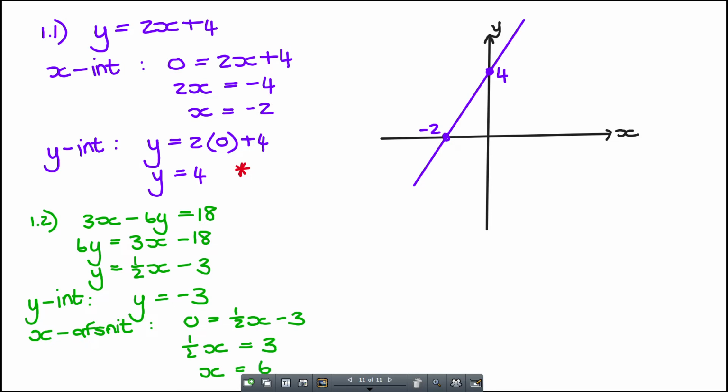Is julle reg daar? Okay, so if I go draw my line, is julle nog by? x is 6 en y is minus 3. Ja, is oké, so deur. Ekskuus, ek gaan hom nou sommer so skryf.